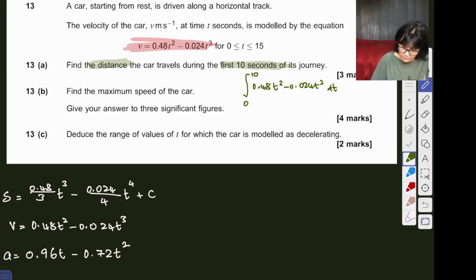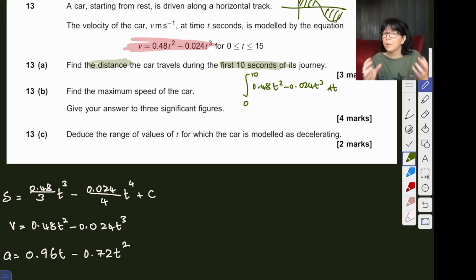Why? Because when we integrate curves that do that, then we get some positive and some negative that cancel out, and that is the graph, the VT graph, showing the particle going backwards and forwards. If I go forwards a lot and then backwards a bit, my distance travelled is not the same as the displacement, which is how far do I end up from where I started.